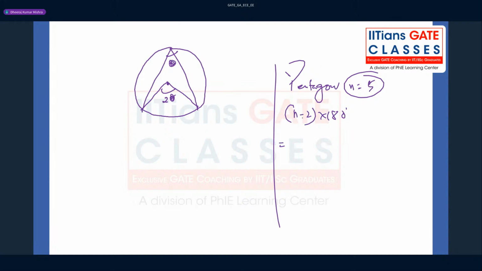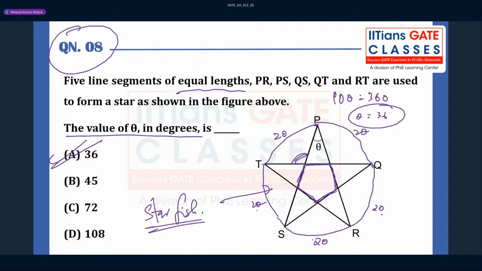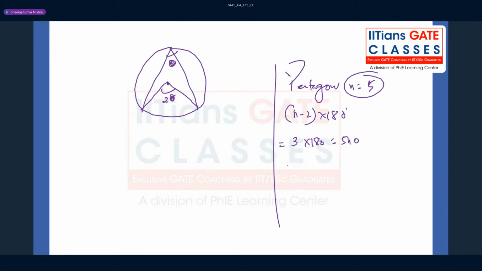So that is going to be 3 into 180, which is nothing but 540. What is the angle between two sides, guys? There are 5 sides, all are equal. So you can say that the angle between two sides is going to be 540 by 5, the individual angle.